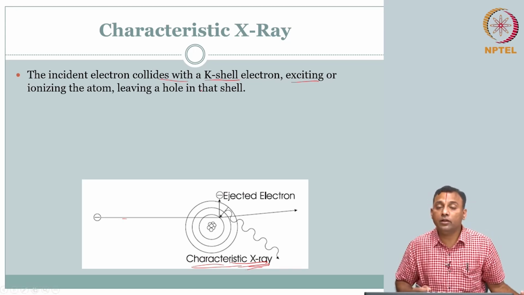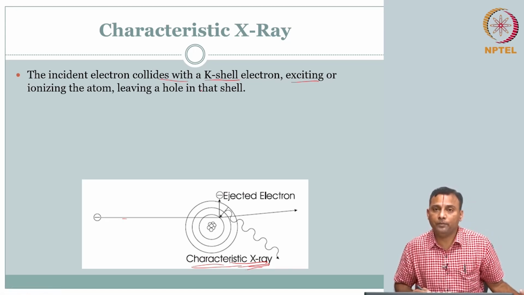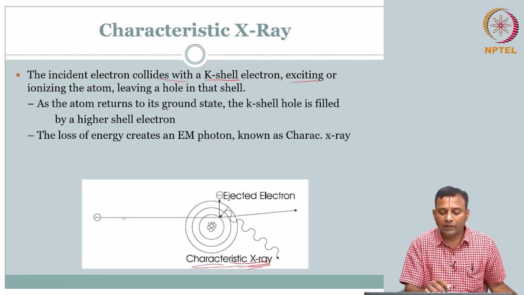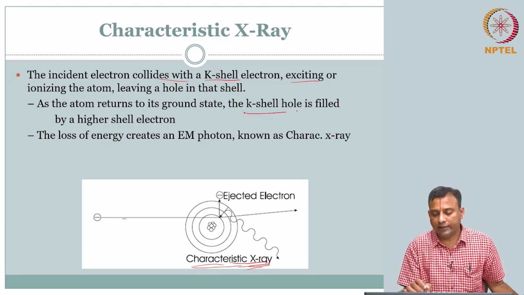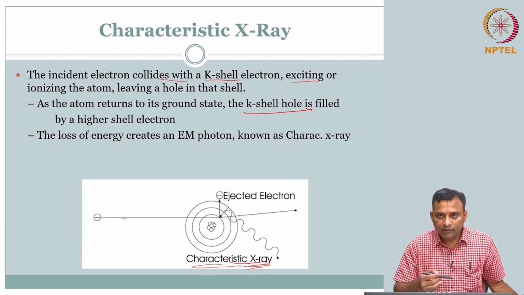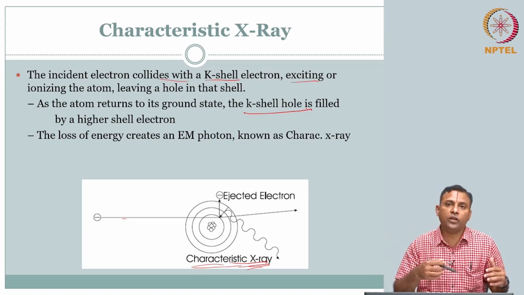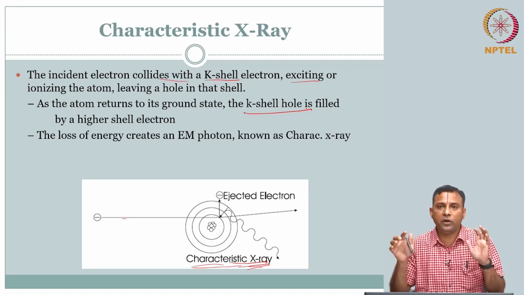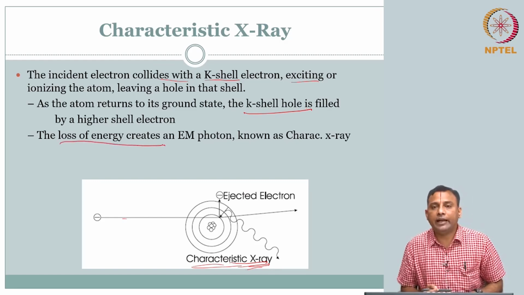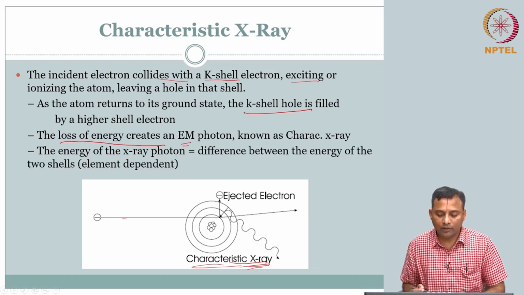So, the K electron shell is having a hole. Then rearrangement takes place. As the atom returns to its ground state, the K shell hole is filled. When it is filling, high energy to ground state, low energy, that means it has to shed out the extra energy. So, that loss of energy creates an electromagnetic photon, okay, known as the characteristic X-ray.